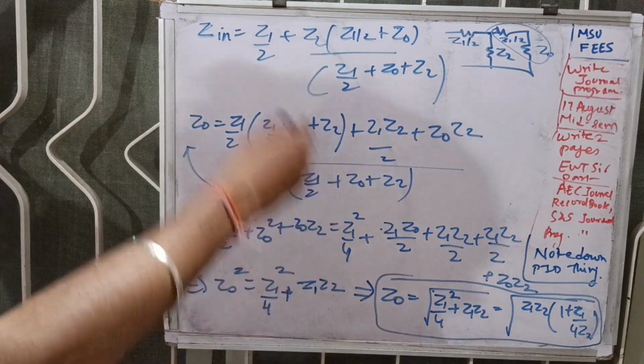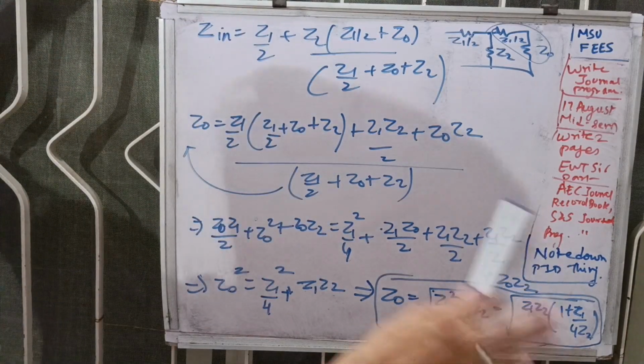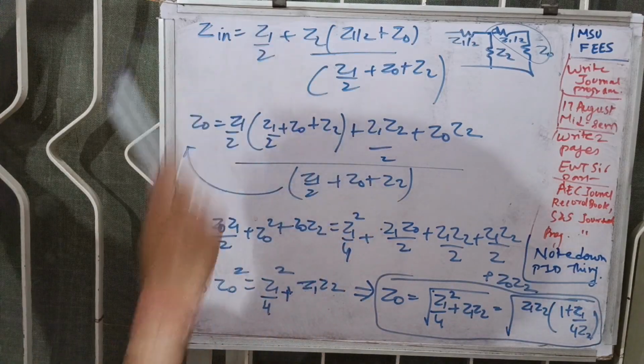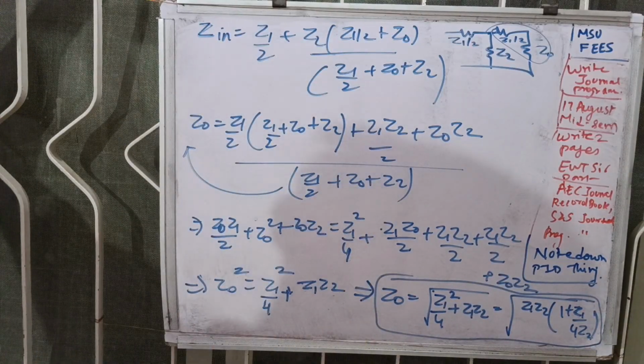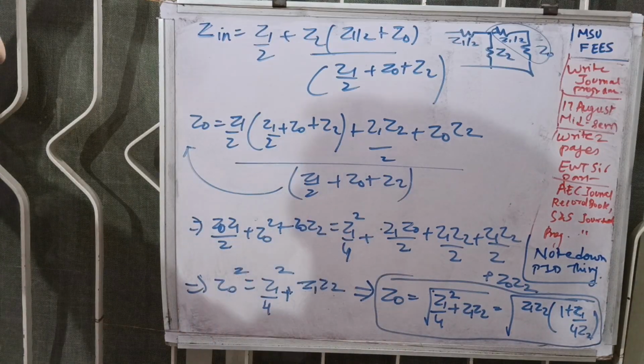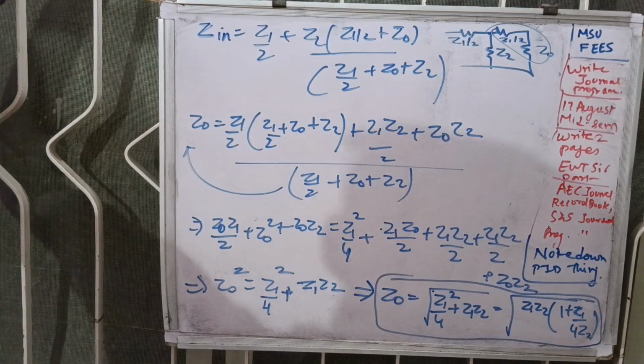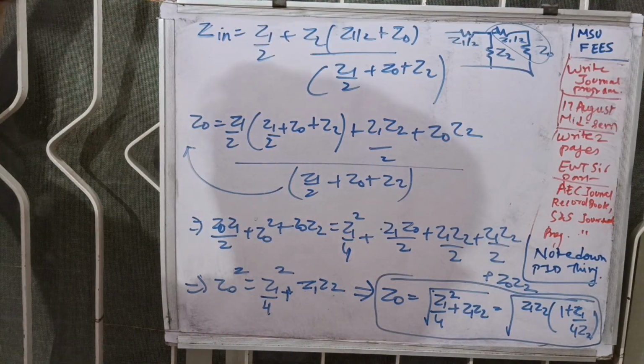Now we simplify as shown. We have taken the LCM with this, and then we take this and keep it on the other side. So you get this equation, then you simplify whatever gets cancelled, and you get something like this.